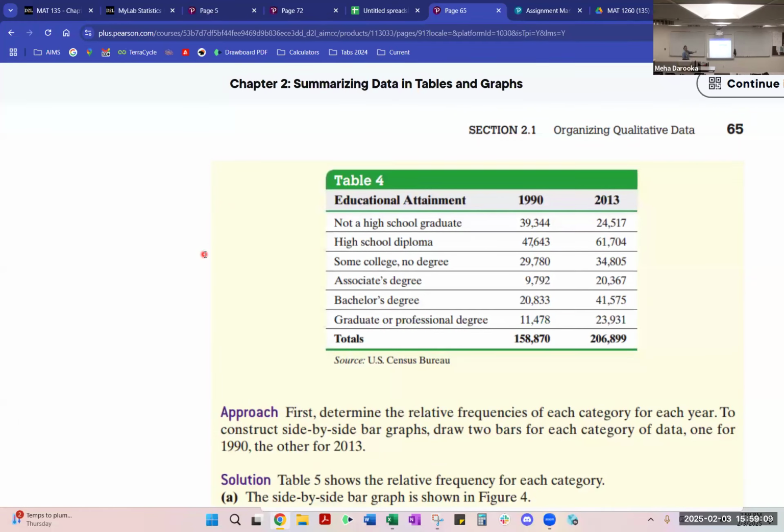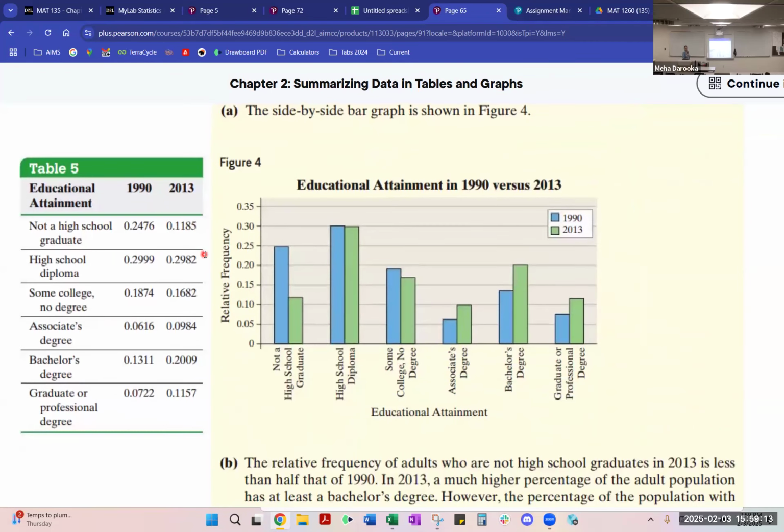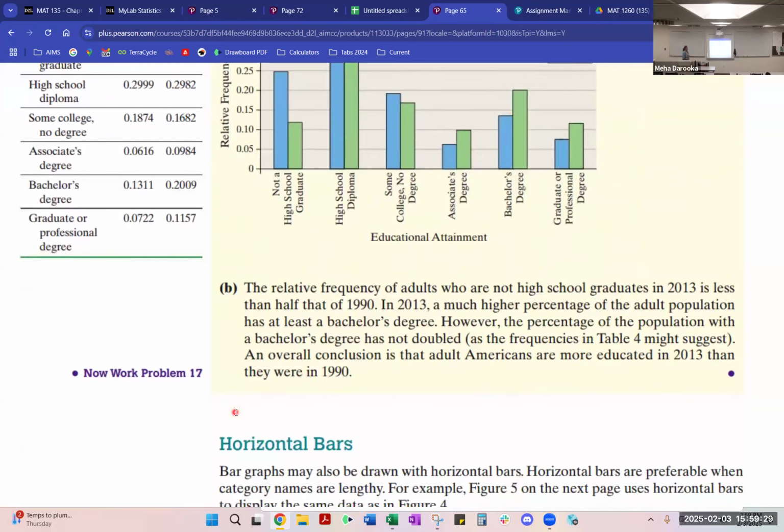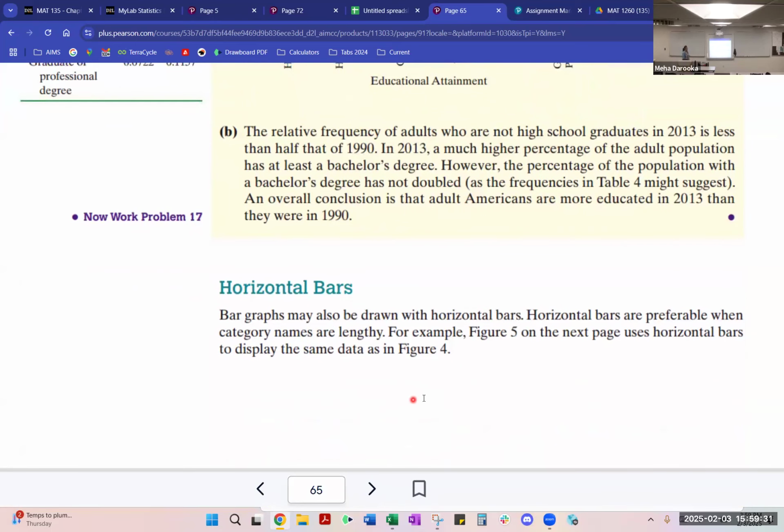You can see the two different years the comparison is being done for. This is what a side-by-side graph would look like. One color represents 1990, the other color represents 2013. You can see some of those values stayed about similar, but for others, there's a big difference between the two years, showing how that has changed over time.